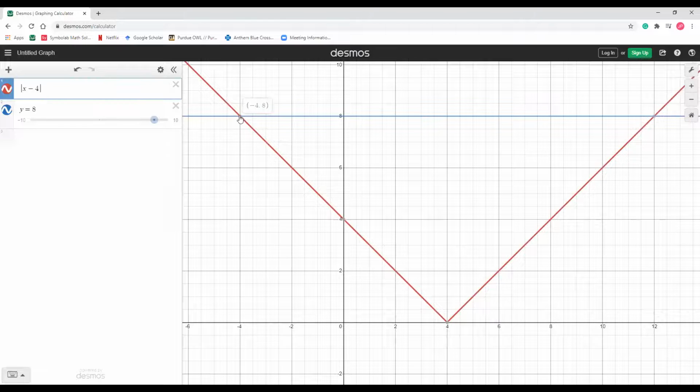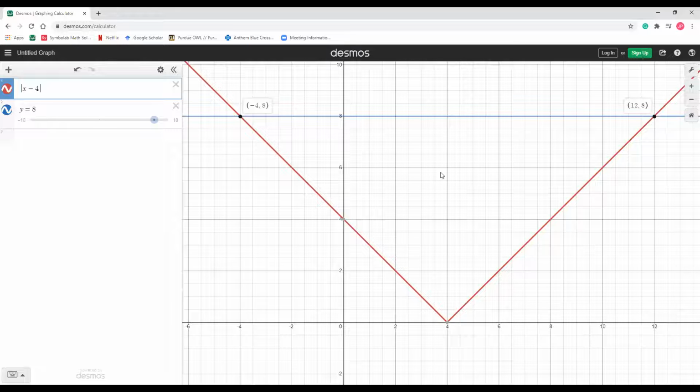I've been trying to show you to look at functions the last few days. Where you see an equation, you think of the left-hand side as y equals whatever function's on the left. And then you see the right side of the equation as another function, y equals the right-hand side. So here we have y equals 8, the blue line. We have y equals absolute value x minus 4, the red function.